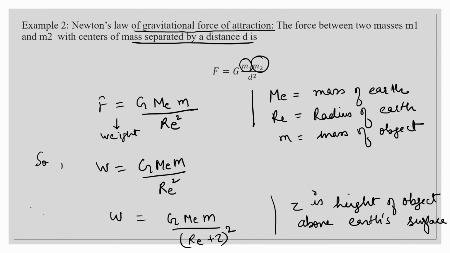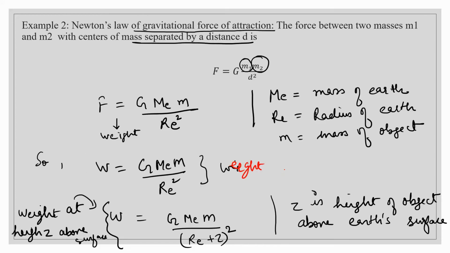So this is weight at height z above the surface, and this is weight at the surface of earth. If the object is held z distance above the earth's surface.